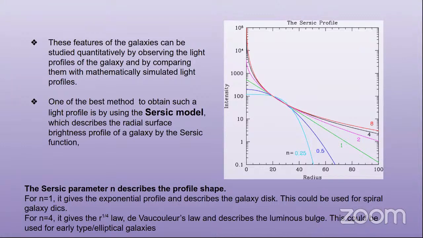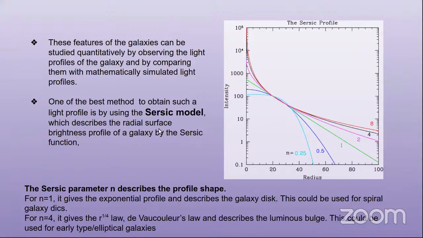So in this model, we basically divide the entire disk of the galaxy into a number of ellipses, or close to ellipses, and then for each radius we will assume a brightness, and we make models with that.